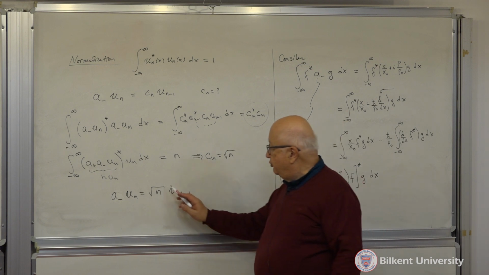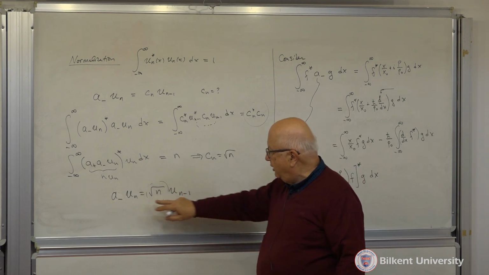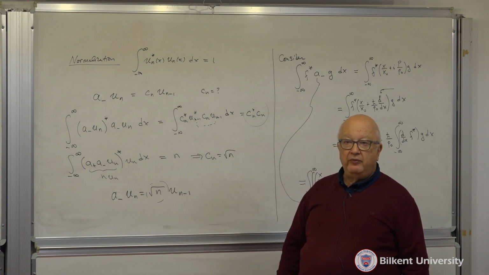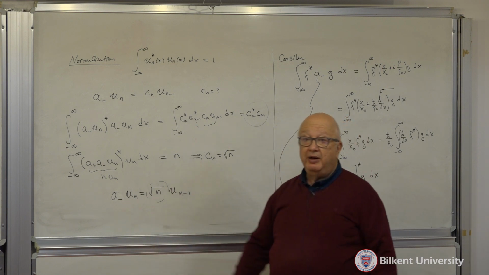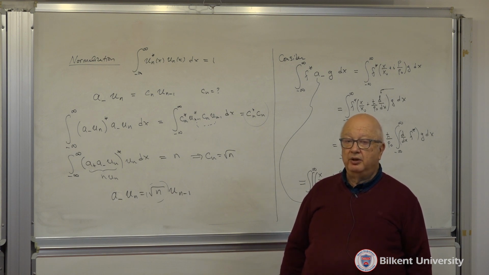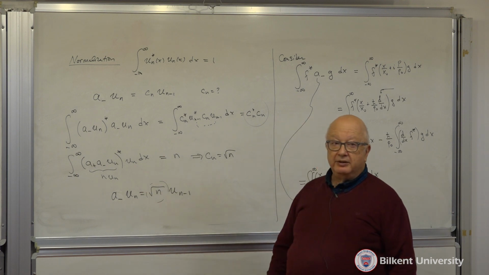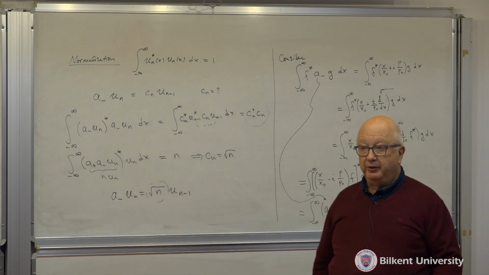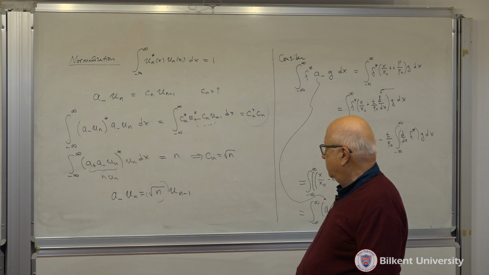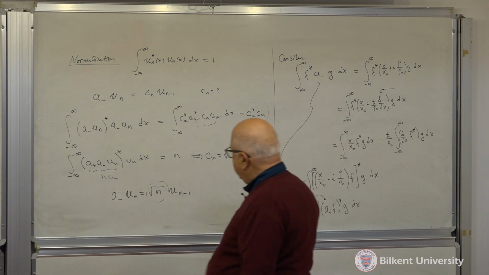So now if you choose this proportionality constant between un and un minus 1 when you are operating on it by this a minus, then normalization is guaranteed. So if un is normalized, what you obtain as un minus 1 is also going to be normalized. All right, so let's see, what about the other case?